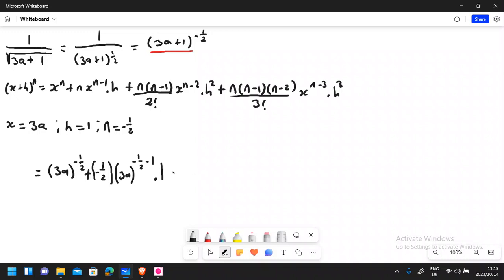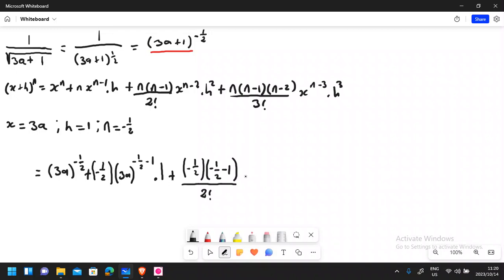Now let's go to the third term. The third term is a bit complex because it has a lot of things there. But we have n. So what is our n here? Our n is negative half, right? And what is multiplied by n minus 1? So it's going to be negative half minus 1. Okay, and then the factorial here is going to be 2 factorial.